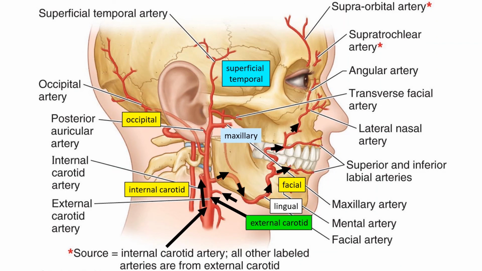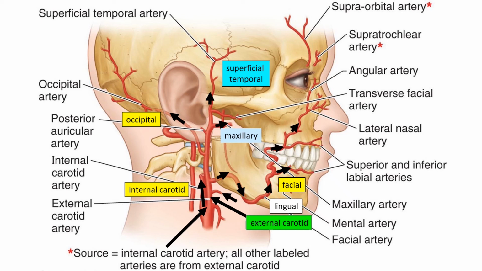As it goes up towards the angle of the eye, it gives a branch to the lower lip. It's called the inferior labial, and then goes up and supplies the upper lip, and this branch is called superior labial, and then it goes to the angle between the eye and the nose, and this is the facial artery.